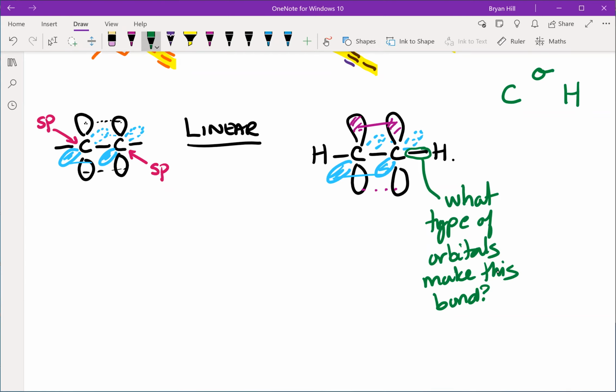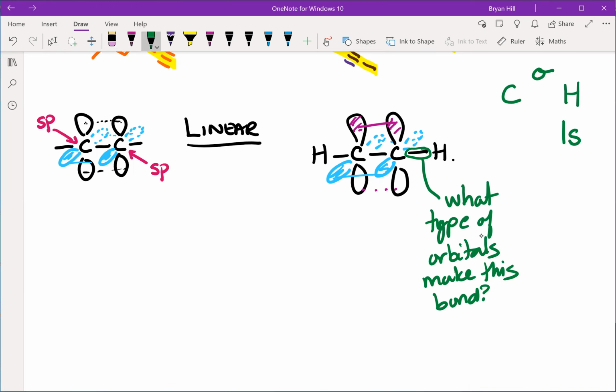But what orbitals are being used to make this bond? Okay, so the H orbital is indeed using its s.